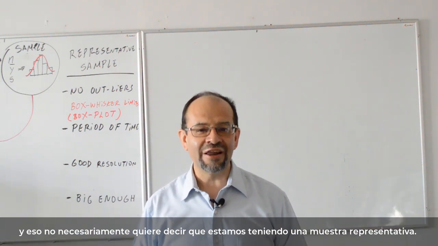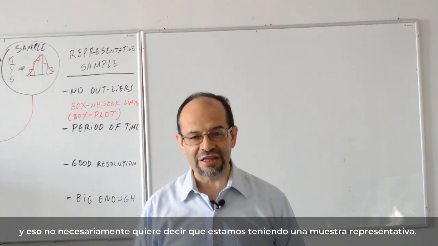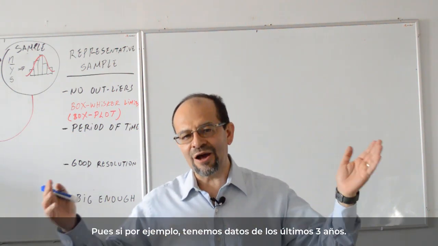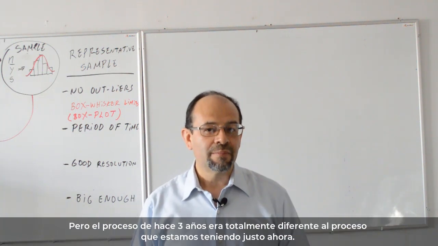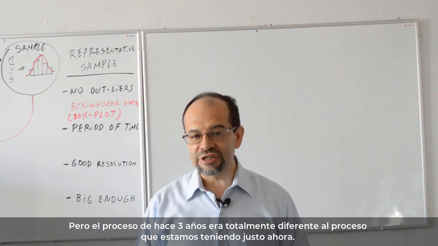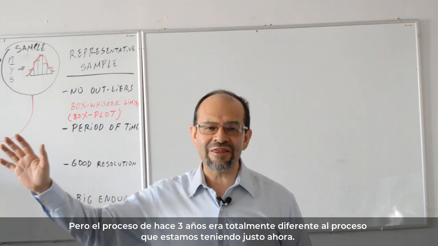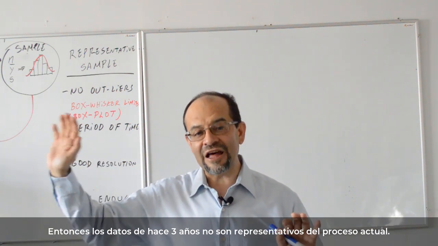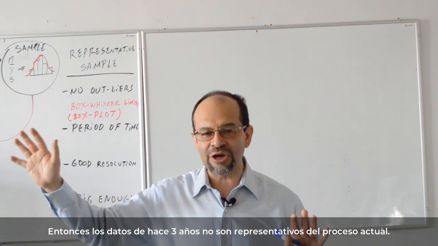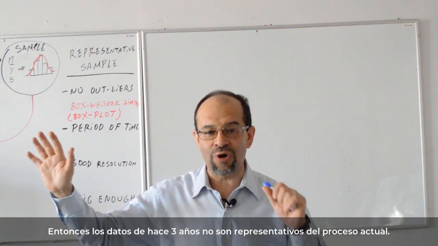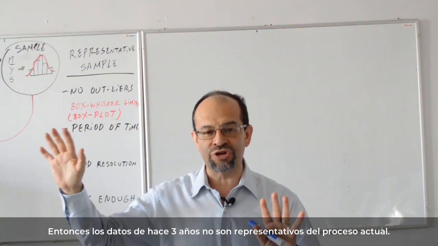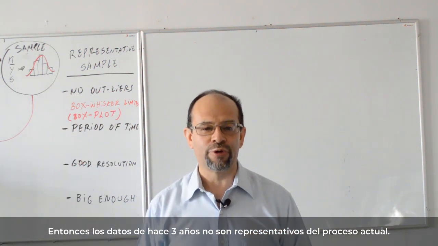And not necessarily does that mean that we are having a representative sample, because perhaps our data is data of the last 3 years. But the process 3 years ago is totally different than the process that we are having right now. Then that process that we had 3 years ago is not representative of the current process. I mean, the data of 3 years ago is not representative of the current process.